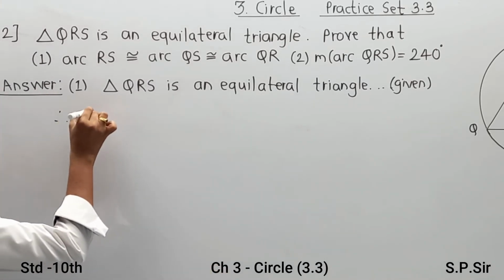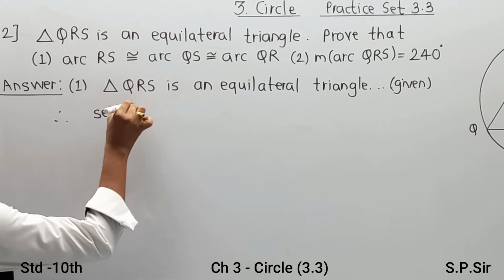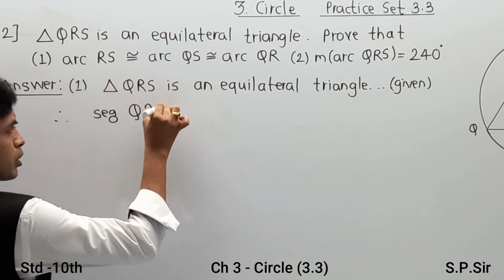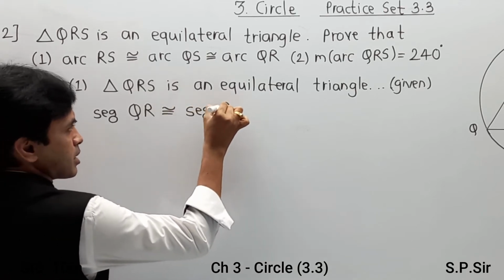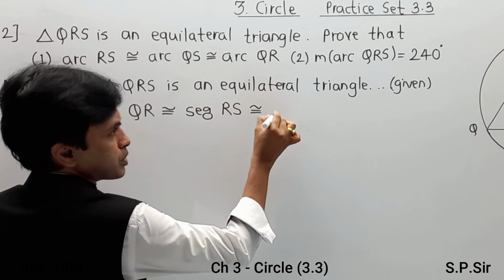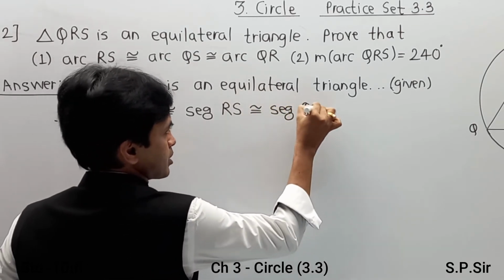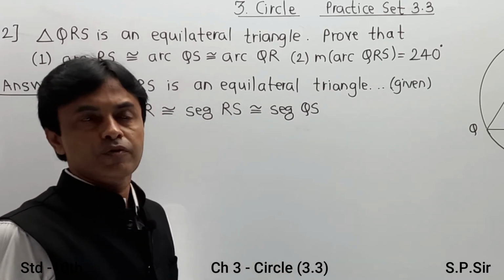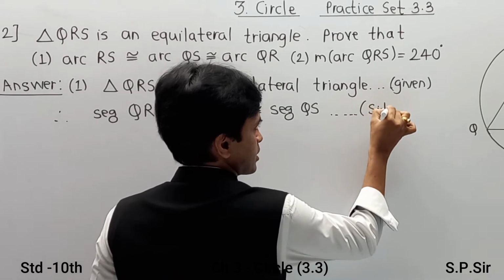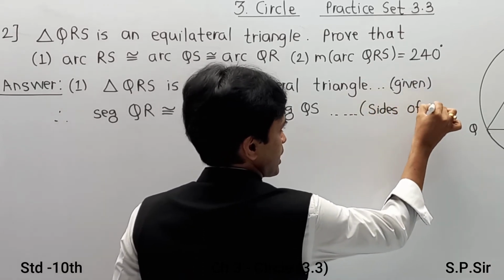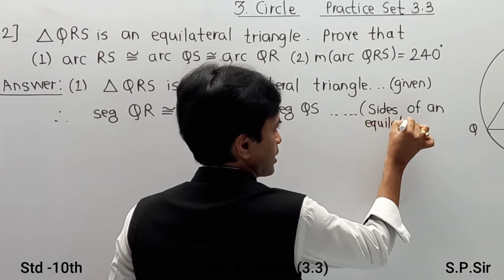Therefore, segment QR is congruent to segment RS congruent to segment QS. And the reason becomes sides of an equilateral triangle.